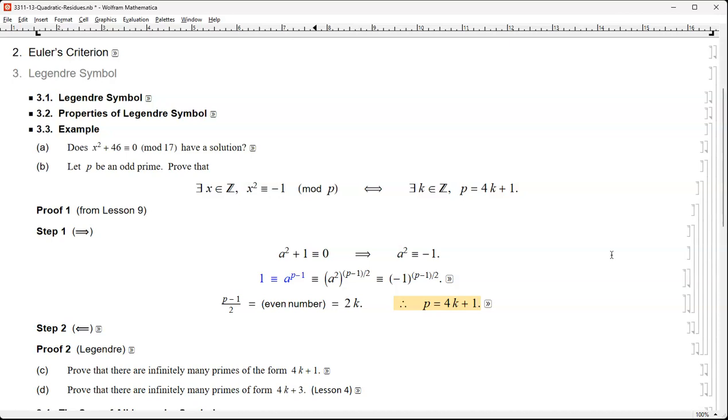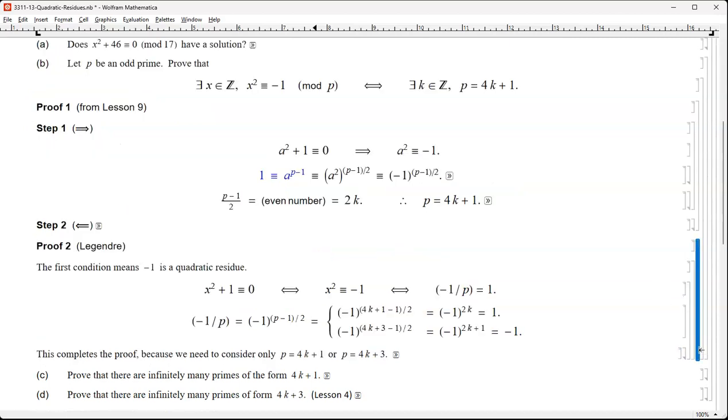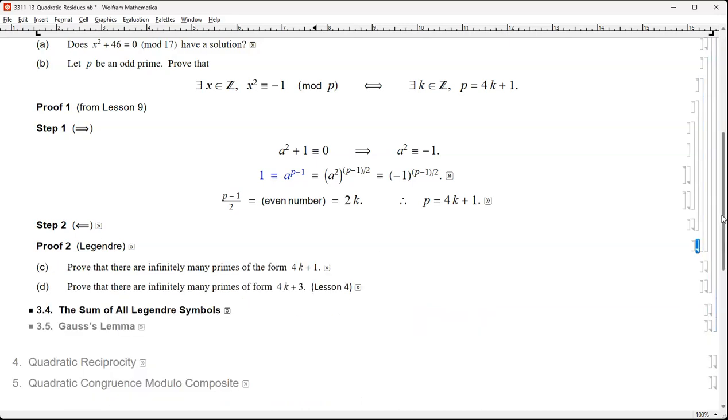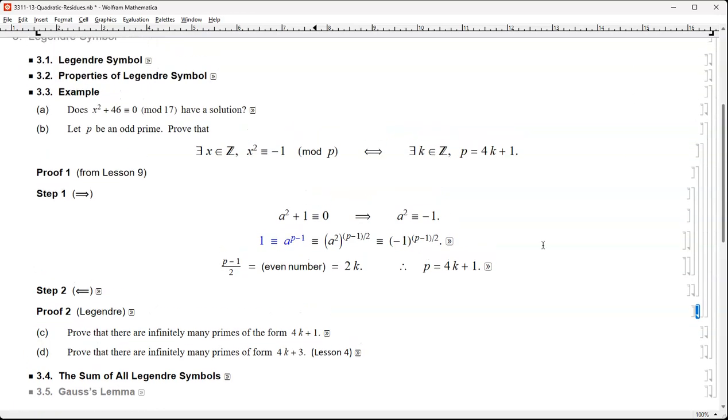So we have the proof for the forward direction, using Fermat's theorem as I'm highlighting in blue. Compare that with Legendre theorem. Which is easier? I think this method is easier, but this wasn't too bad.